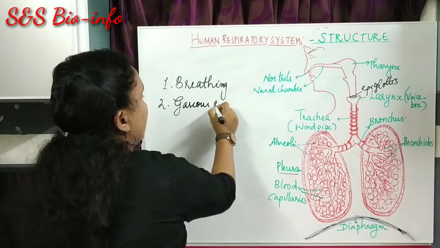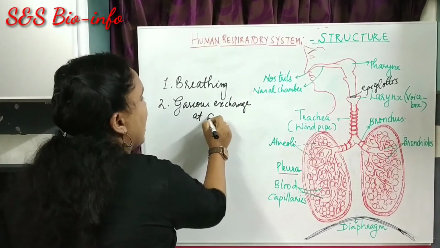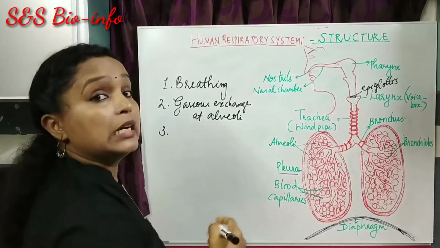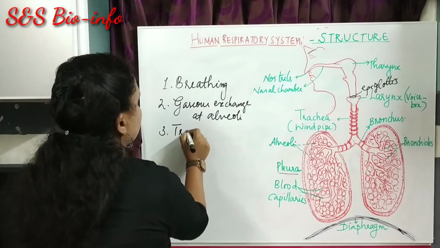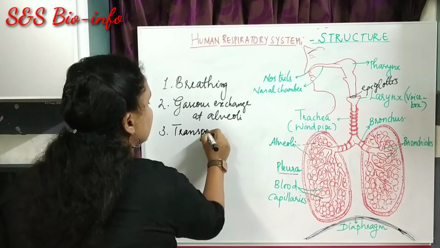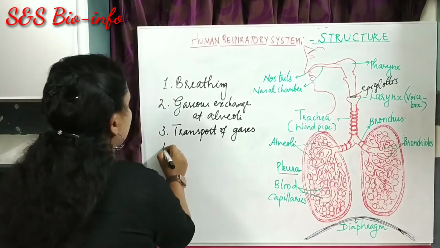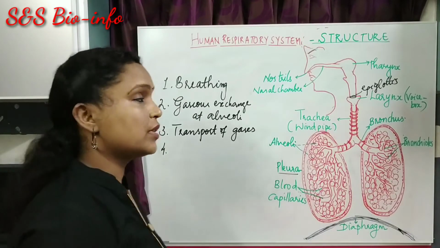Gaseous exchange at alveoli. Third, transport of oxygen or gases. Transport of gases. Fourth one, again gaseous exchange at a tissue site.